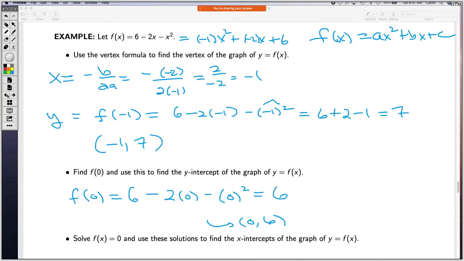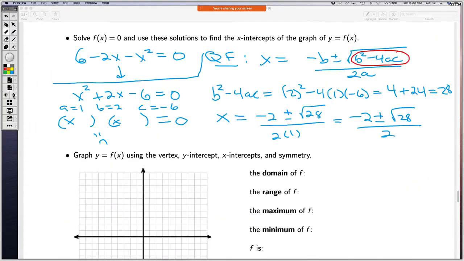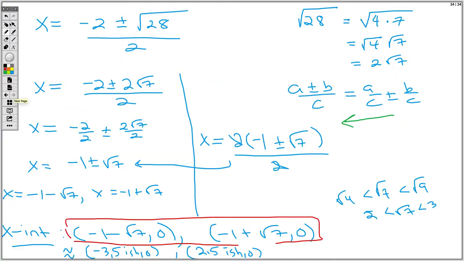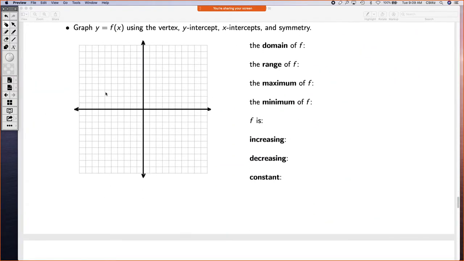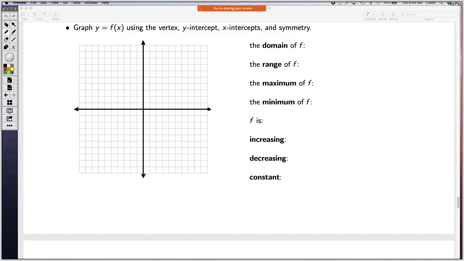So let's put all this together now. We got our vertex, our y-intercept, and now we got the x-intercepts. Vertex, -1, 7. Y-intercept 0, 6.